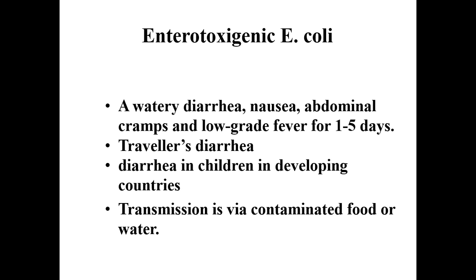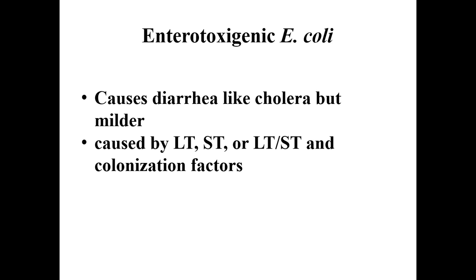Diagnosis is done by detection of toxins by in vitro and in vivo methods. Transmission is via contaminated food or water. Enterotoxigenic Escherichia coli causes diarrhea like cholera but milder, caused by these toxins and colonization factors.